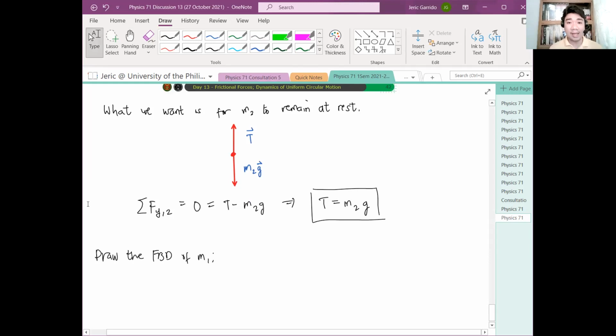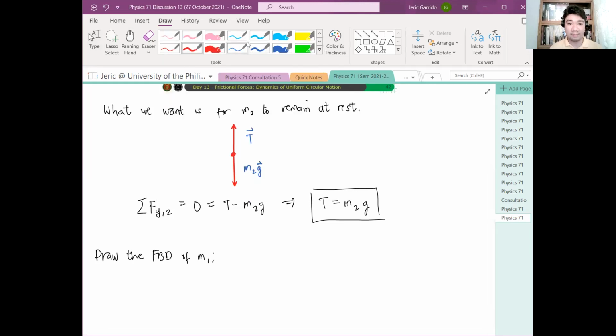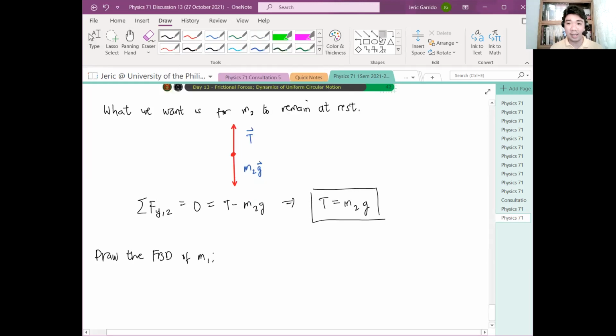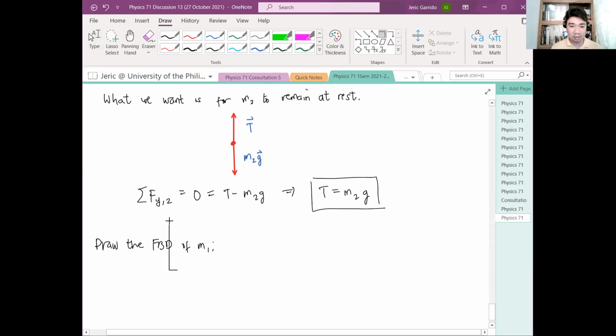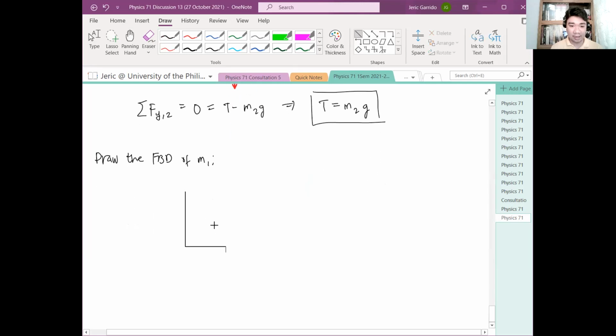Sorry for that. Kailangan ko muna mag-drawing ng curve. Drawing ko muna yung incline. So, ganyan. Tapos, i-drawing ko yung triangle. So, yon.